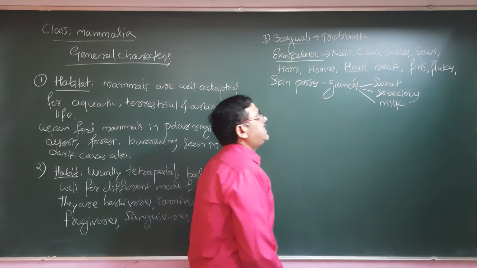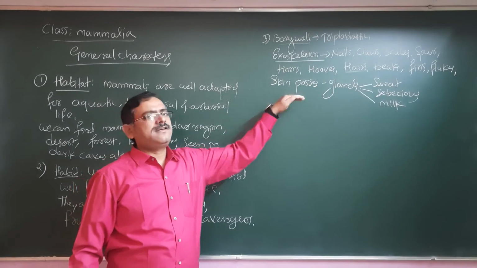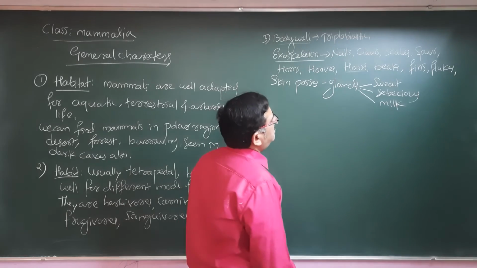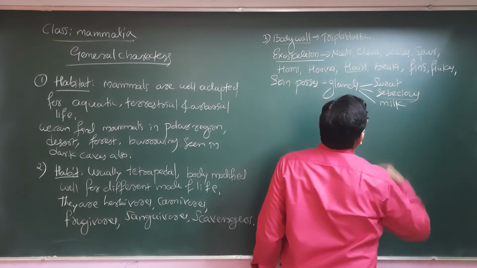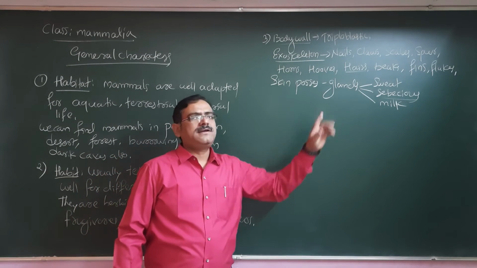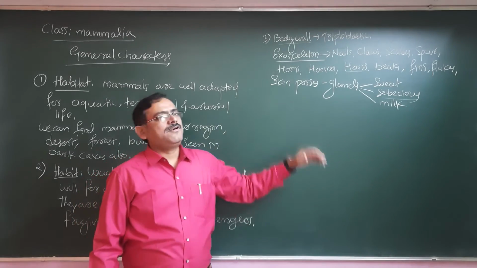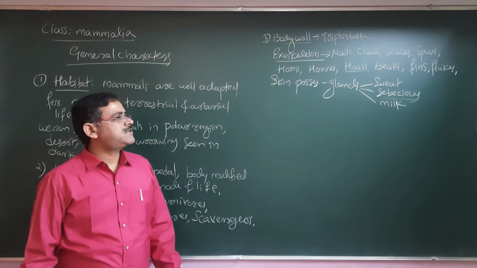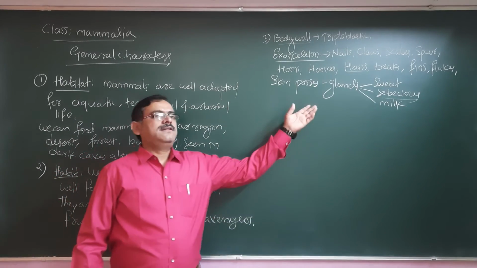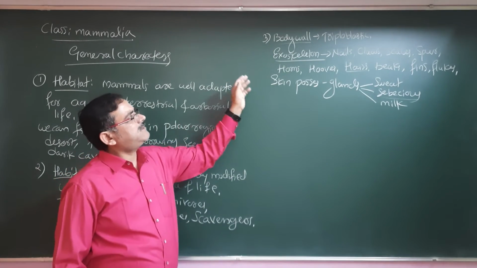You can find the presence of these glands mainly in mammals. Sebaceous refers to the oil gland, and sweat glands are mainly meant for excretion, but milk glands are mainly meant for nourishing the young one. So skin possesses not only these exoskeletal structures, but also a variety of gland structures. So this is about exoskeleton as well as the skin.